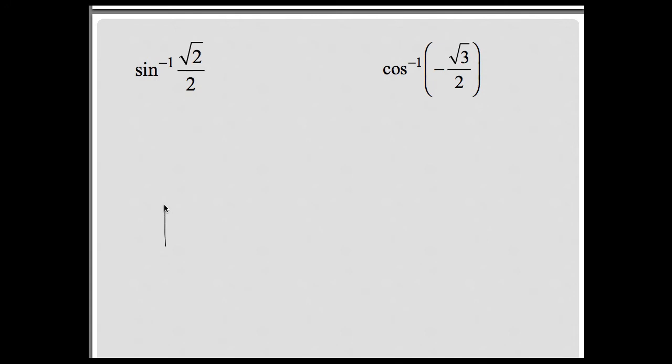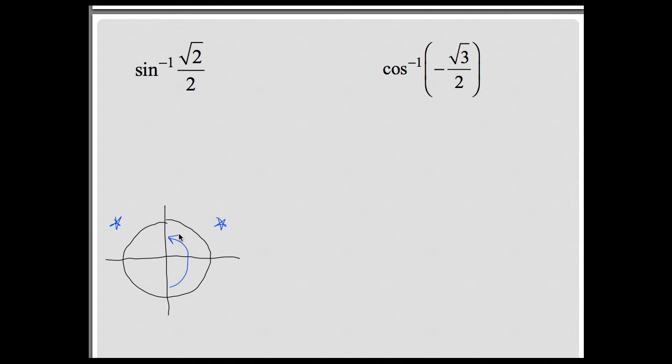All right, so inverse sine of square root of 2 over 2, also known as 1 over root 2. We're talking about sine being a positive square root of 2 over 2. So sine is positive, we know, either in the first quadrant or the fourth quadrant. But we have to consider our restricted range.